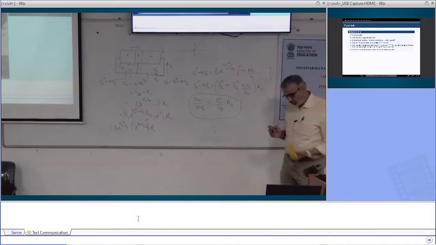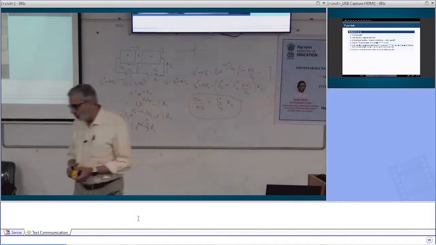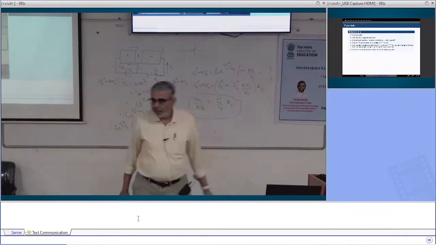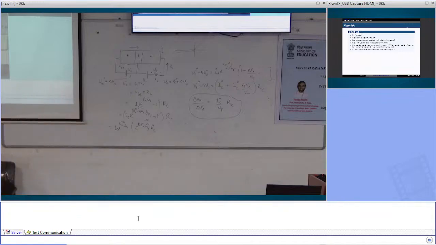Now, how do you get a gain of a million using this formula? If you want to increase the gain, what do you do? So VT is fixed, that's a parameter of the temperature and all that sort of stuff. IC0 is fixed because there is the bias one, you can set it, but let's say it is fixed. So if I want to get huge gain, what do I do?